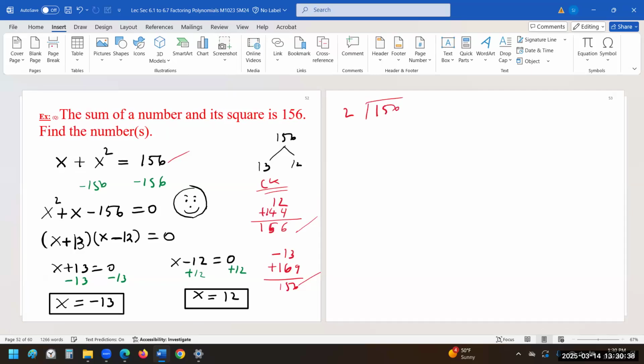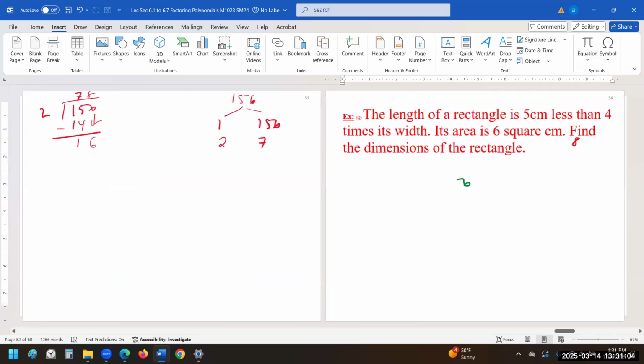First you divide by 2. 156, 2 goes to 156 how many times? 2 goes to 15 how many times? 7, right? We get 14, we get 1, and we bring down the 6. 2 goes to 16 how many times? 8. 156 is 1 times 156, 2 times 78.